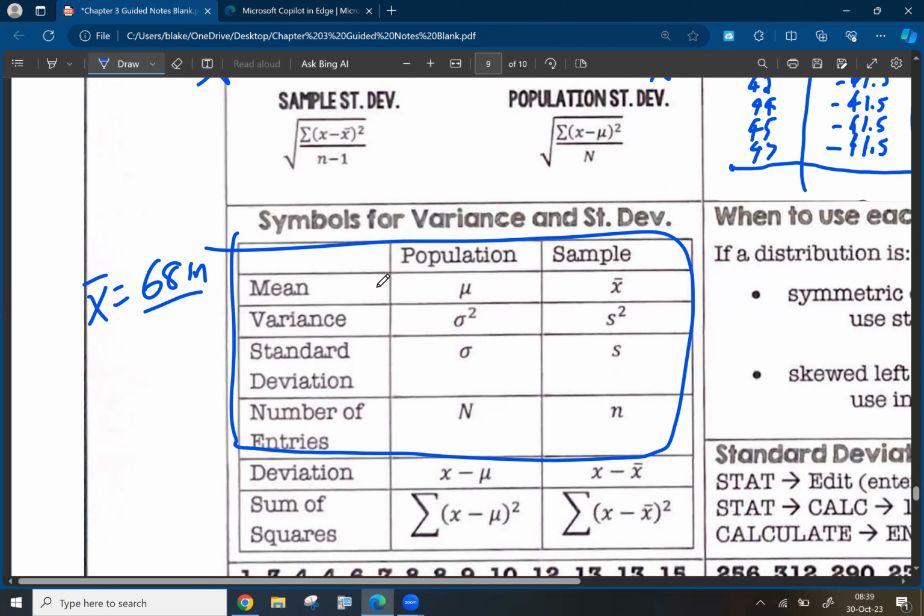But let's say I got the average height from everybody in the school, and it was 70 inches. Doesn't matter the number, but it's a symbol. This symbol means it's for the population representing the whole school, whereas x bar means it was coming from a sample. They both mean average, but one tells you your data comes from a sample, the other tells you it comes from a population. It's the same thing with the variance, standard deviation, and number of entries. The difference between those there.